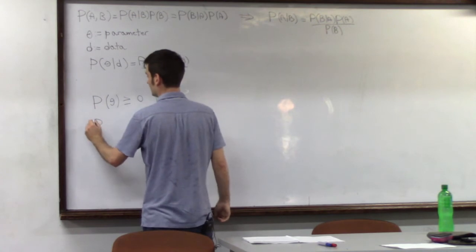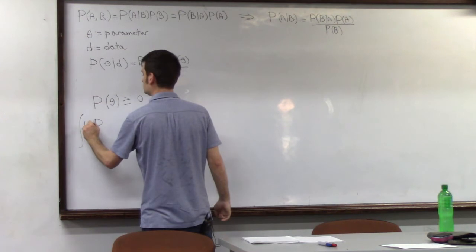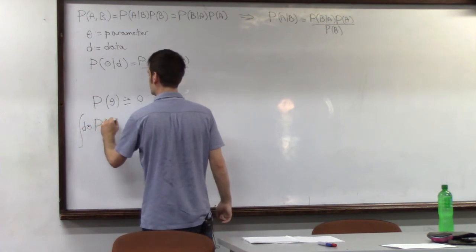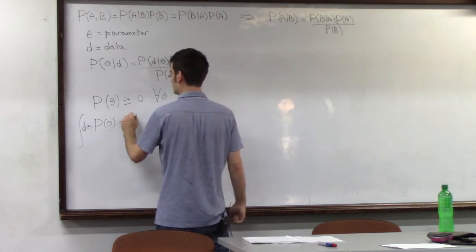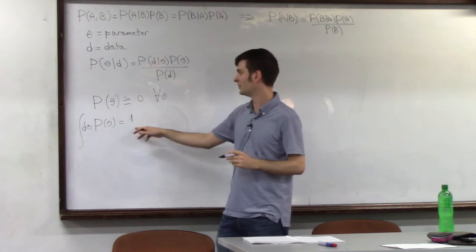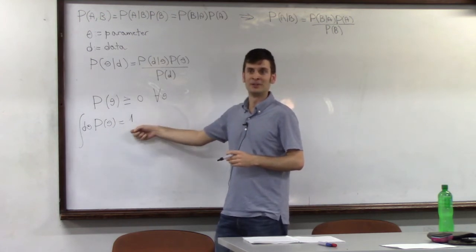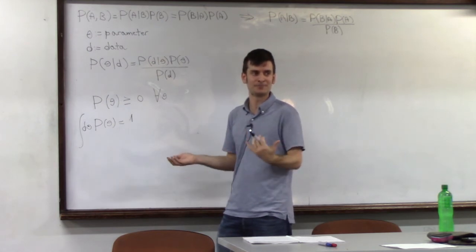So if I sum over all possible values of the parameter, I have to find a probability of 1. That is, the probability of the parameter having any value is 1.